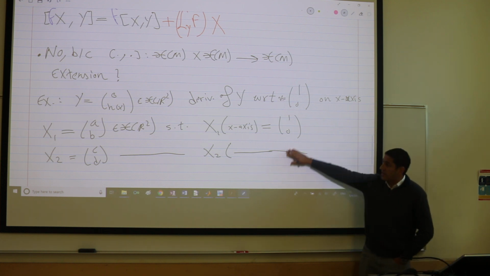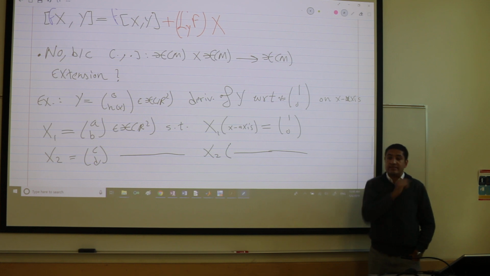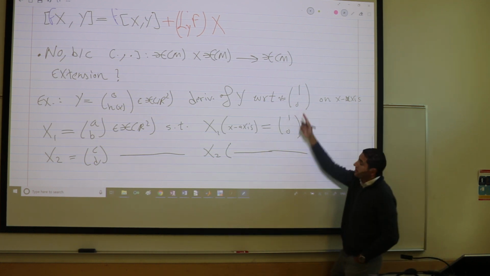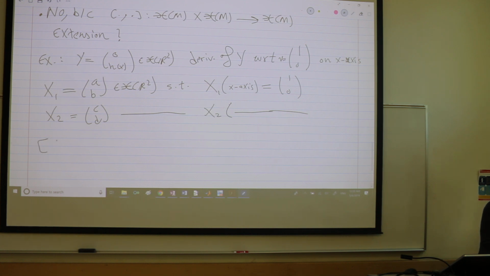That's fine about the non-uniqueness of the extension, as long as you get the same result at the end. I'm interested in the derivative, right? So now if you compute your suggestion, which is x1 with y on the x-axis, it should match x2 with y on the x-axis.